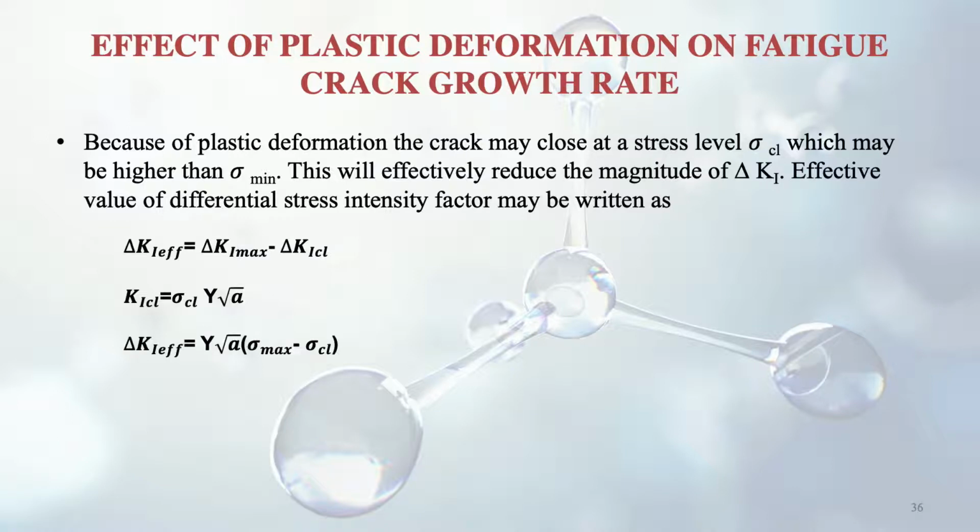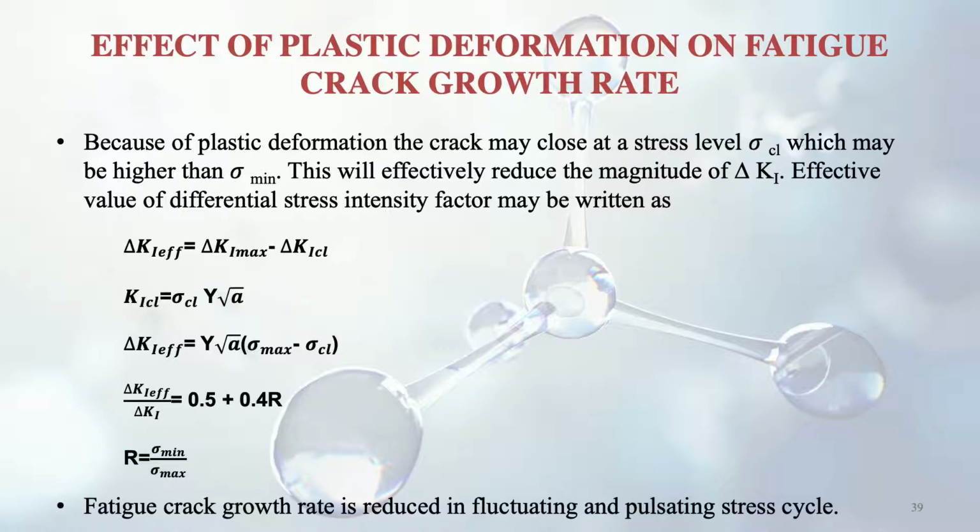So delta K effective can be written as Y into root A into (sigma max minus sigma CL). Then the ratio of delta K effective to the original delta K will be equal to 0.4R plus 0.5, where capital R is equal to sigma min upon sigma max.